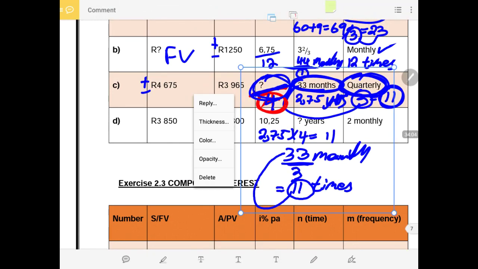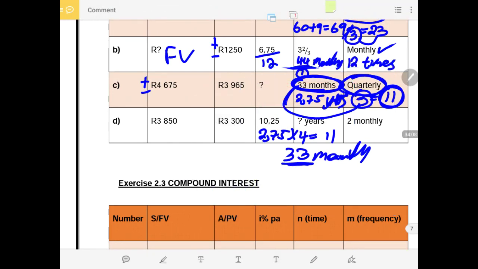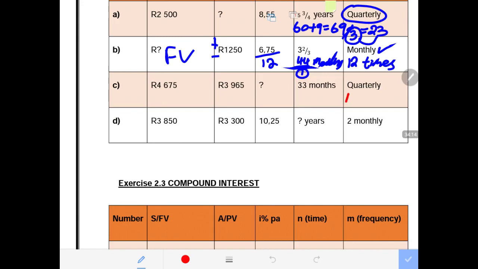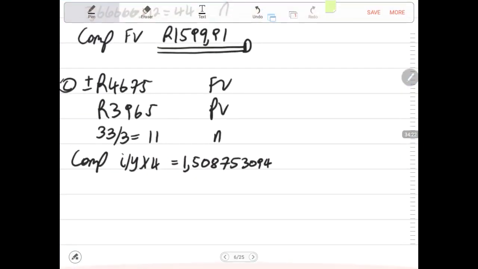That means interest is compounded 4 times in a year. Quarterly means 4 times in a year. So the interest that we have is after we have divided by 4, so we need to say times by 4 in order to get the interest for the full year.